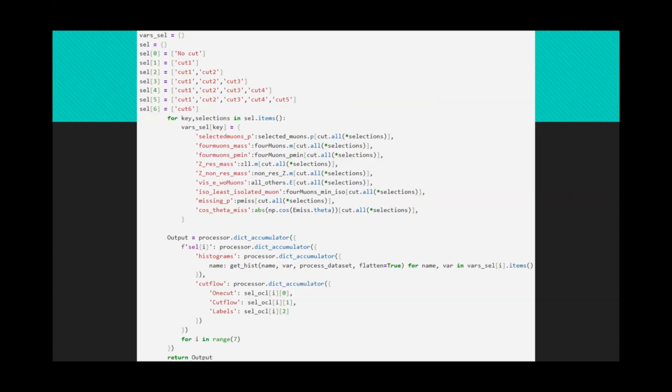So this is in my 4-leptons processor, and this code is building a cut flow based analysis pipeline for each selection stage, like cut 1, cut 2, and so on. It applies the cuts to the event data, computes relevant physics variables, fills histograms, and records cut flow information. The results are then stored in Coffea accumulators, which can be merged across distributed workers.